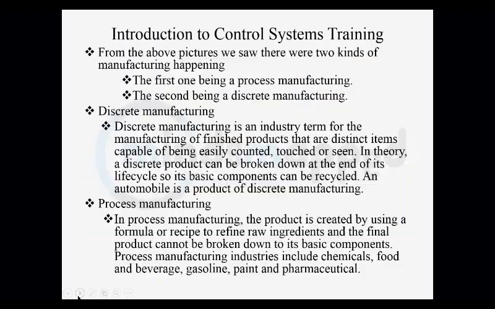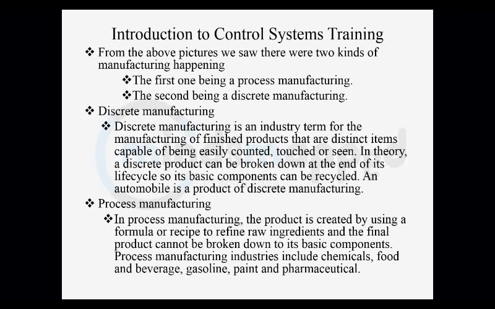So what is happening here is you are manufacturing finished products that are distinct items. A model of an aircraft, let's say Airbus 737, or a car, they are identifiable distinct items, right?